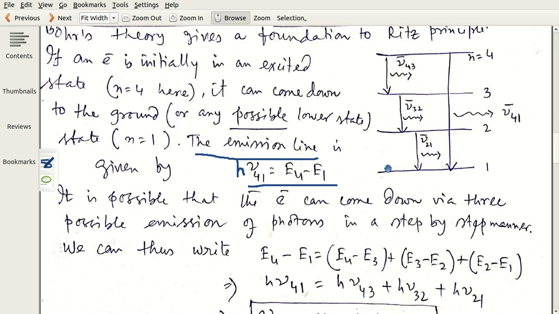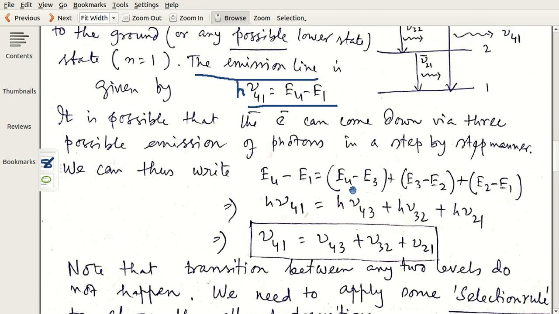Now, it is possible that the electron can come down via 3 possible emissions of photons in a step-by-step manner. First, it comes from 4 to 3, releasing 1 photon, then 3 to 2, releasing another photon, and then 2 to 1, releasing another photon. And you can write it in this way, E4 minus E1, as a sum of 3 gaps between 4 levels.